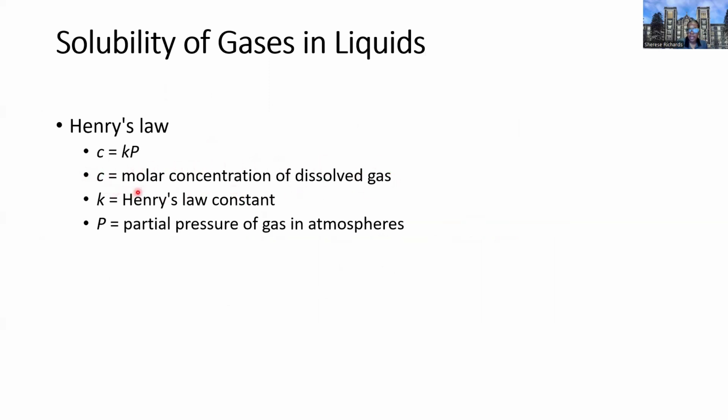So in Henry's law, C is the molar concentration of the dissolved gas, K is our Henry's law constant, and P is the partial pressure of the gas in the atmosphere. All right. So Henry's law helps us determine the concentration of dissolved gas, which tells us about the solubility of that gas, the ability of that gas to move from the vaporized form to the dissolved form.